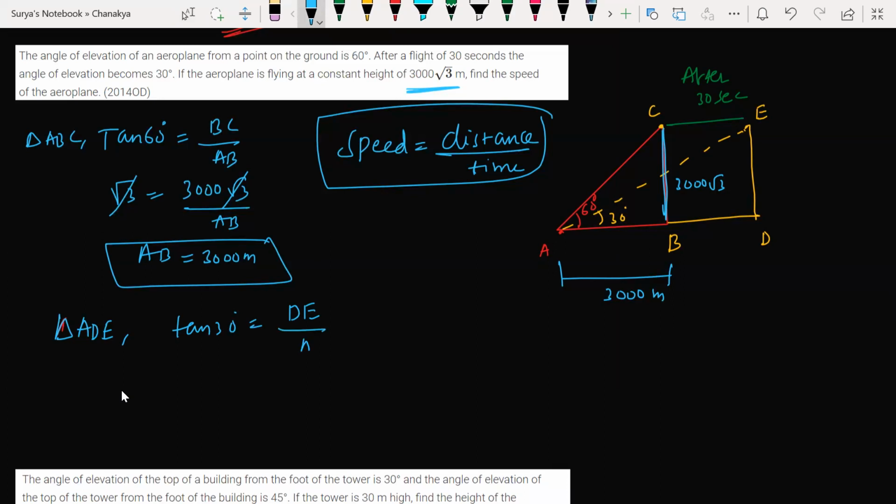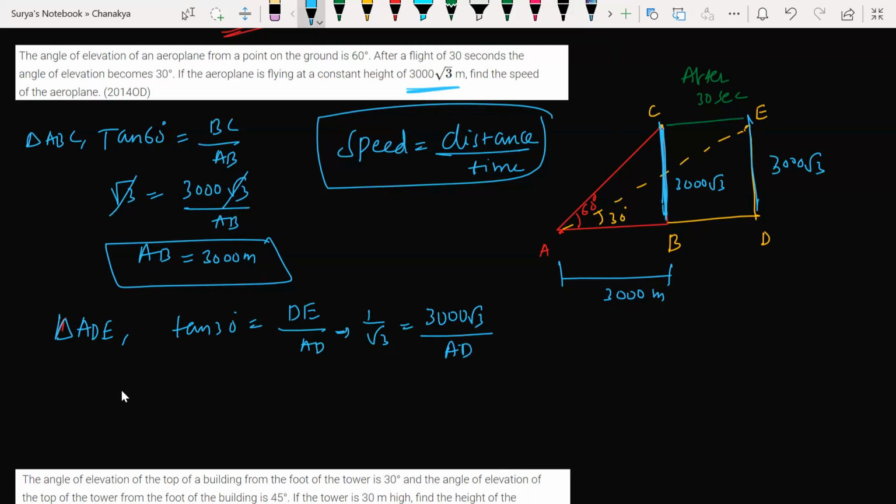Tan 30 is 1 by root 3. DE is 3000 root 3, so 3000 root 3 by AD equals 1 by root 3, where AD is 3000 meters plus BD.